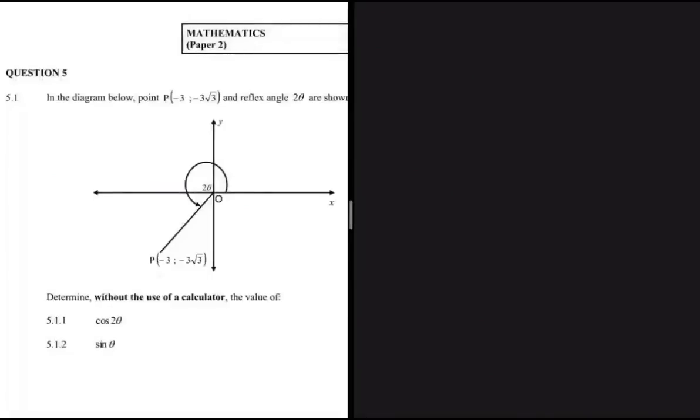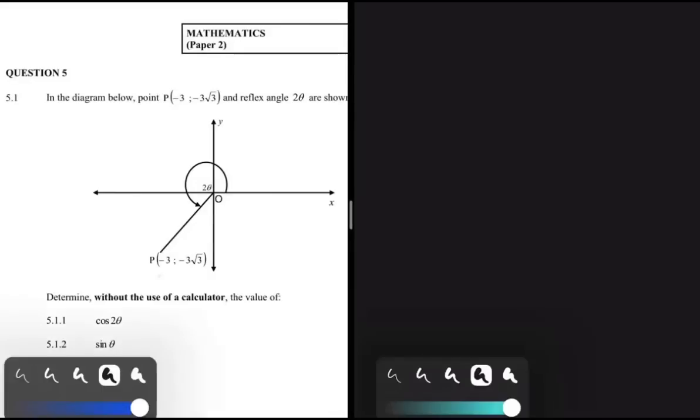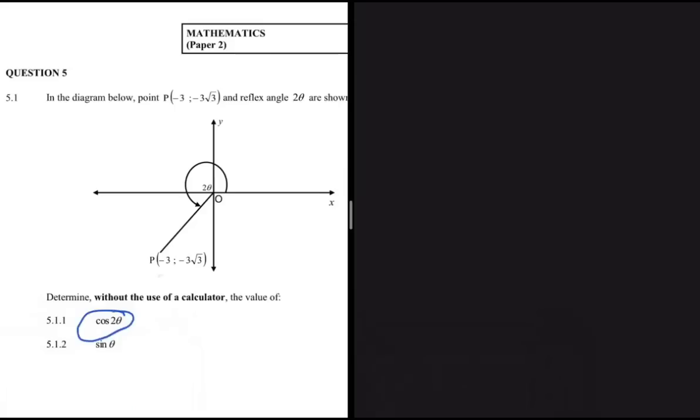This question just shows how important it is to always read the question and analyze the information before attempting any question, right? Because when I looked at 5.1.1, I'm like, okay, 5.1.1, we have cos of 2 theta. Right, so I'm going to use a double angle identity here.